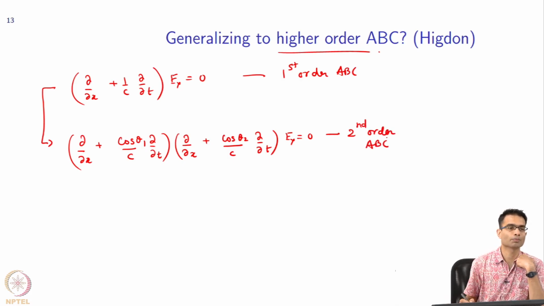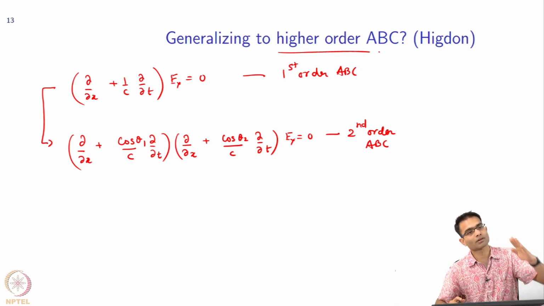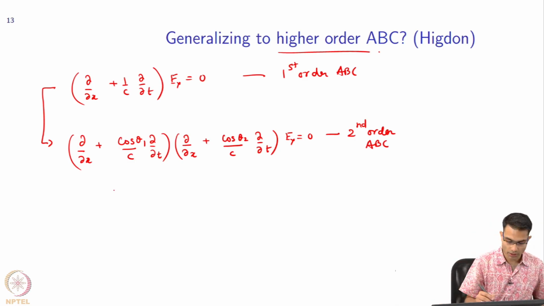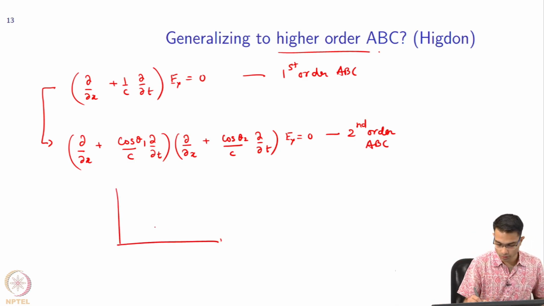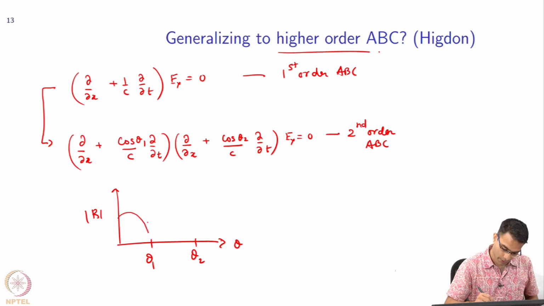We are not actually going to implement this in this course, but I just want to give you the high level idea. If you do the same analysis that we did, for a wave travelling at some non-normal direction, and calculate the reflection coefficients, what you will find is that if I plot the reflection coefficient versus theta 1 and theta 2, you get nulls like this.